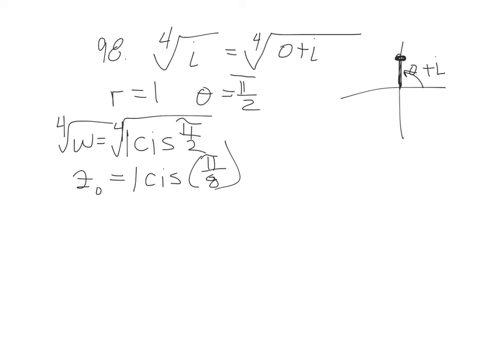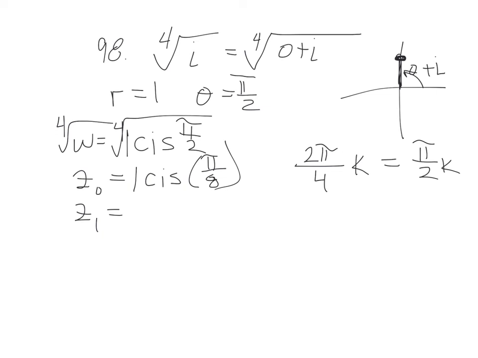So now we need to figure out how much we are going up by, and that's by doing 360 over n or 2 pi over n. We could put a k there if we want to indicate how much we're increasing by, and that would be pi over 2 k. You don't have to write the k, but hopefully that helps.